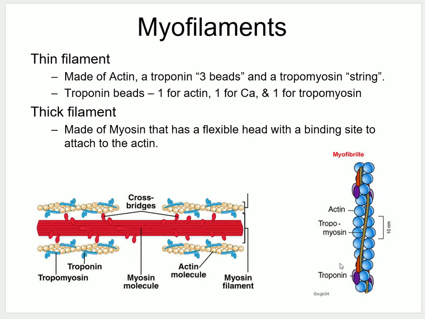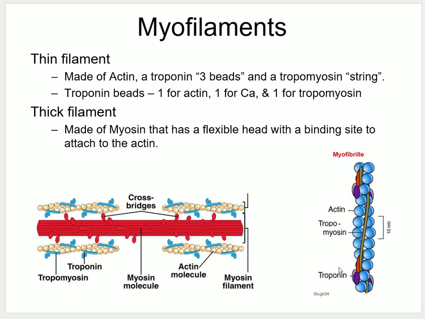So the troponin beads here, one is going to attach troponin to actin to make sure it stays attached to the thin filament. Another one is for calcium molecule. And then another one is attached to the tropomyosin. So calcium comes in, attaches to one of the troponins that's meant for it, and it changes the shape of that troponin, and it helps move that troponin out of the way.